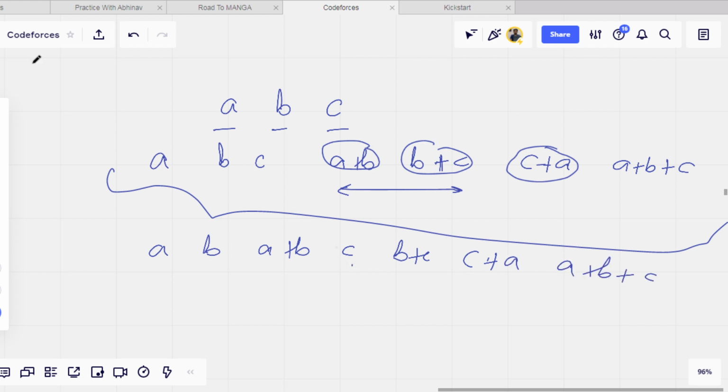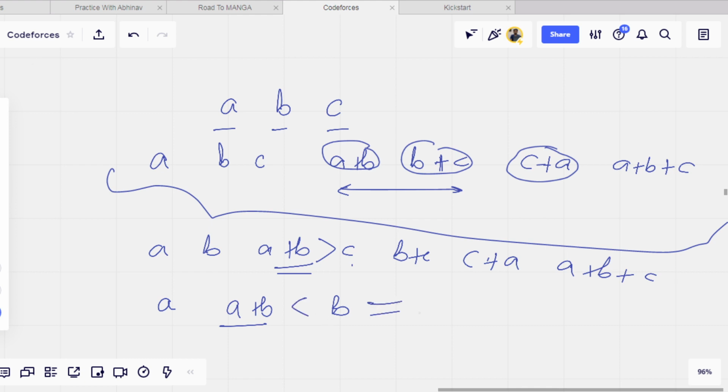Maybe c can be greater than a plus b. It can happen actually. But it will never happen that here is a, here is a plus b, and here is b. It will never happen. Why? Because it can't be that a plus b is less than b.